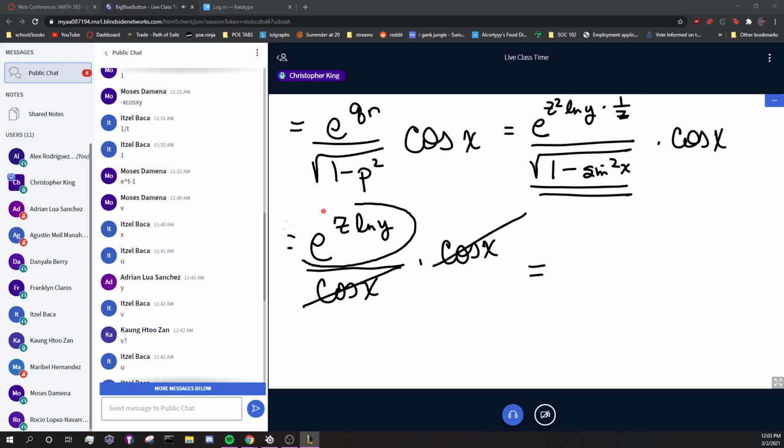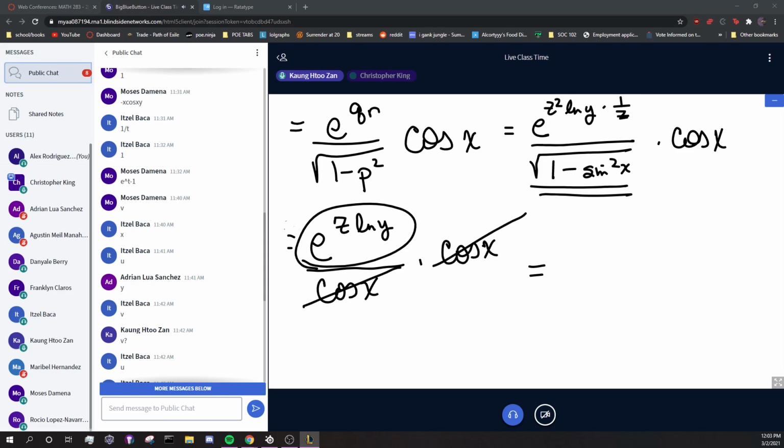So, what does e to the z natural log of y simplify down to? Just y? Not quite. E to the power z and then y?